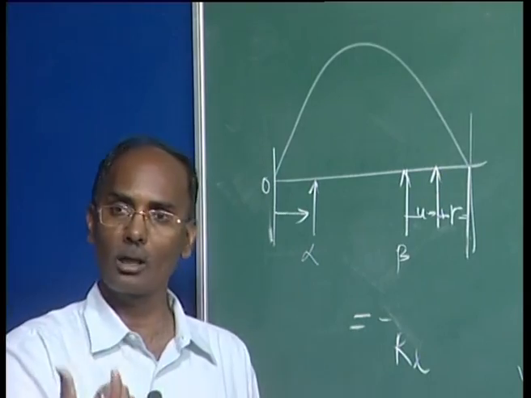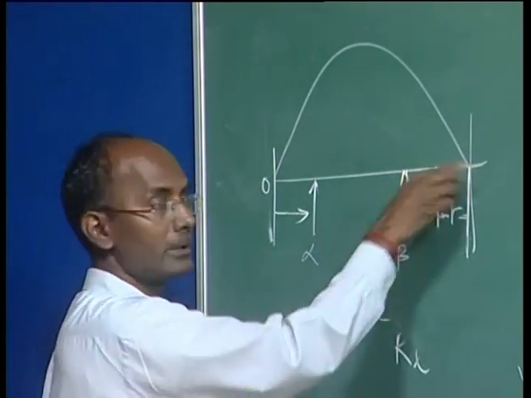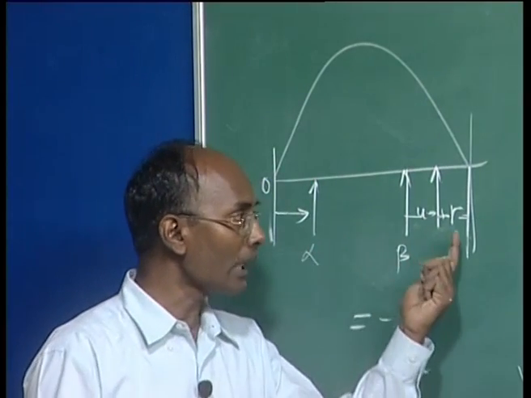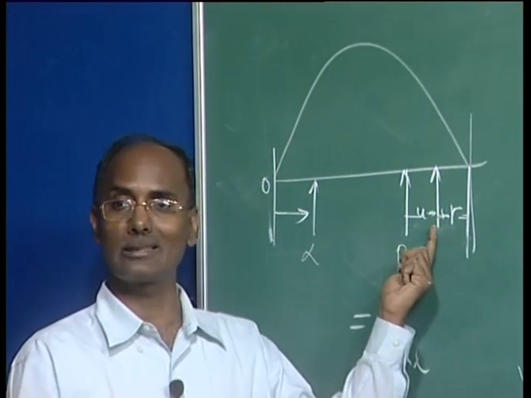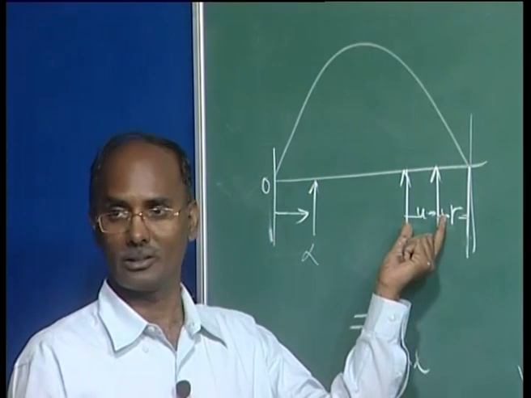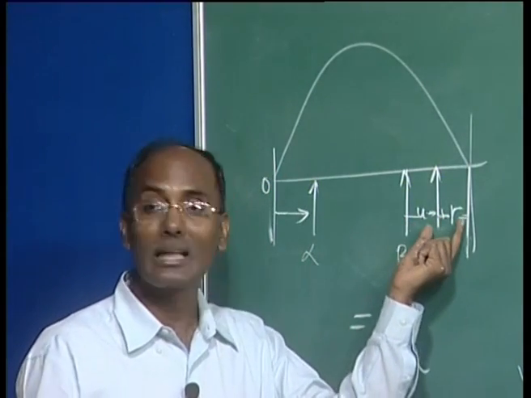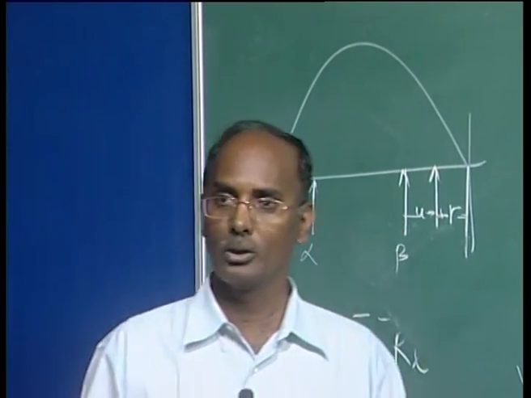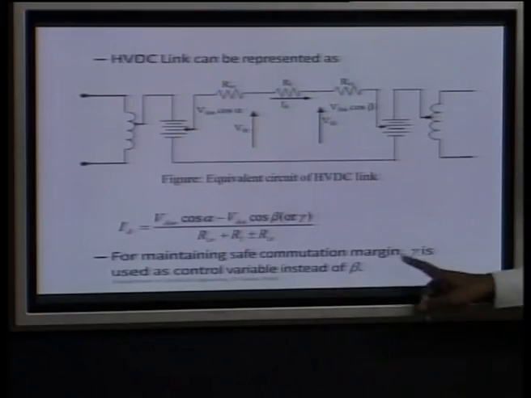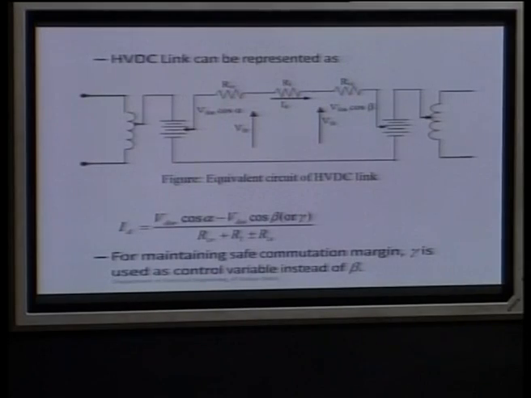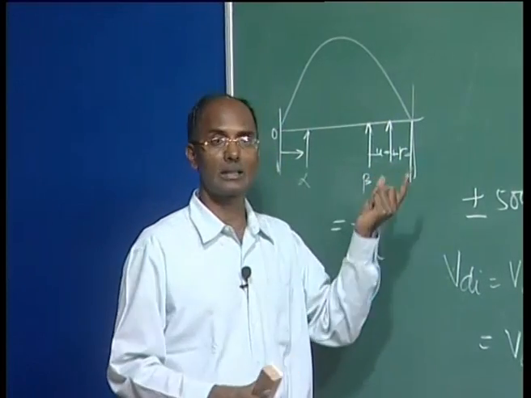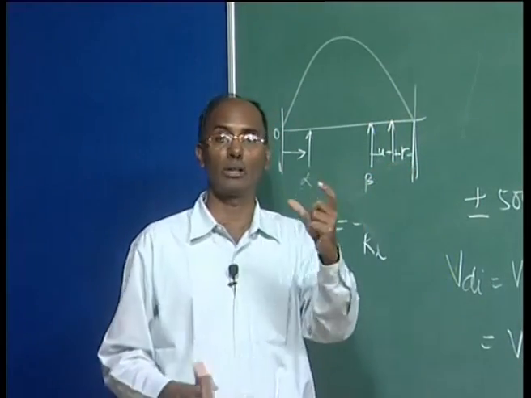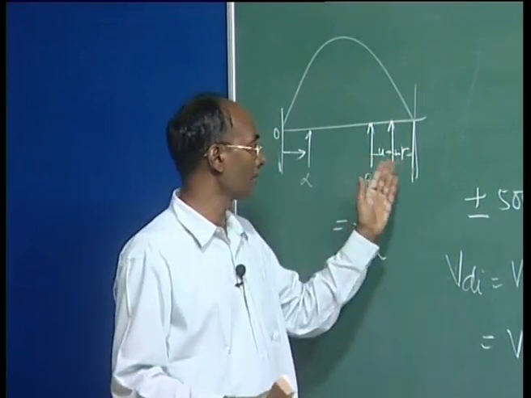The controller will calculate, and then it will give the firing pulse. While calculating, there is a possibility of change in the AC system, so we maintain 10 degree, so even if there is some change it will take care. So, instead of beta we use gamma control, which is called the constant extinction angle control, and this angle is maintained at a constant minimum value, and thereby we control other things.